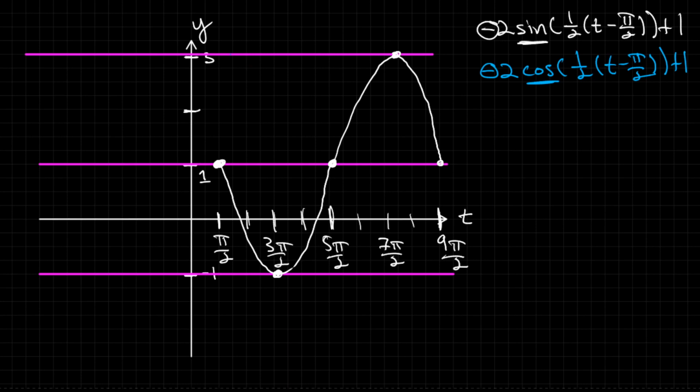Normally for a cosine graph, you would start at the top line. However, since there's a vertical reflection, we'll start at the bottom. We'll go to the middle, and then we'll go up top, back to the midline, and back to the bottom. We'll connect these with a smooth curve that resembles the cosine function, and that would be its graph.